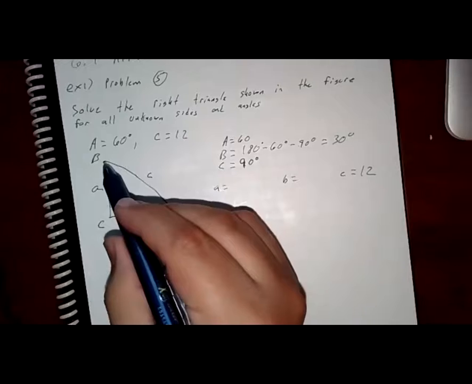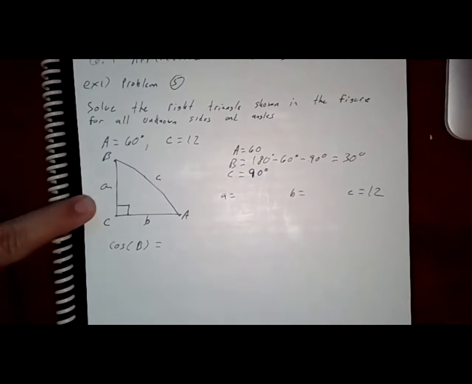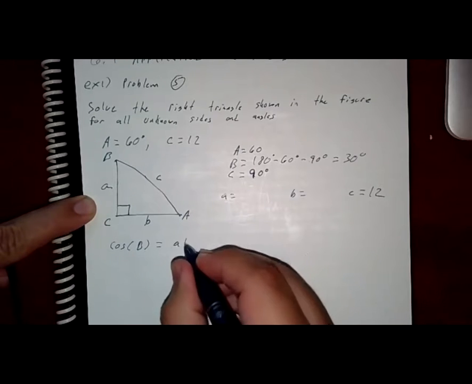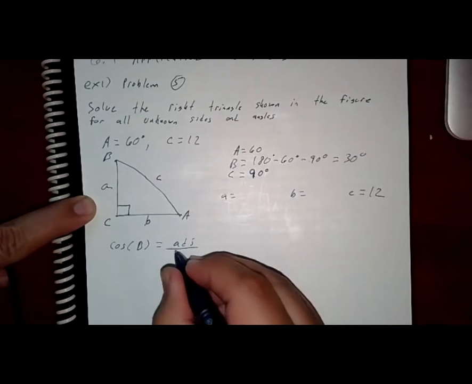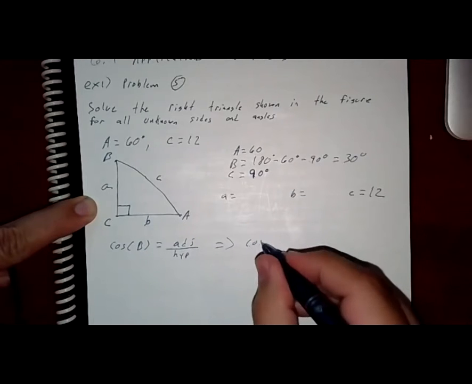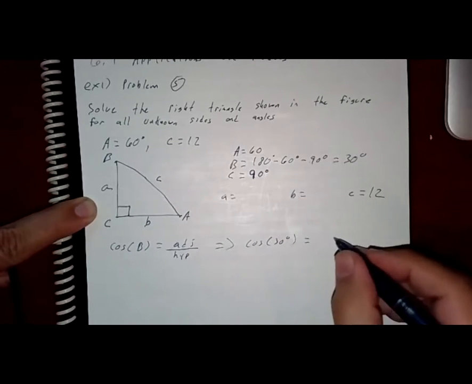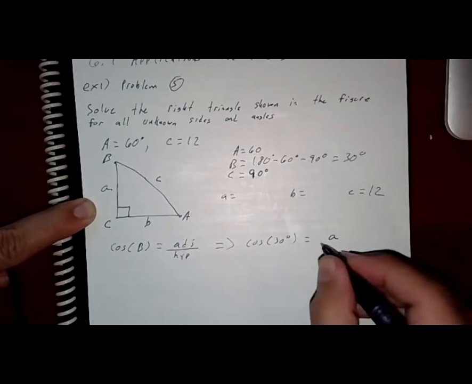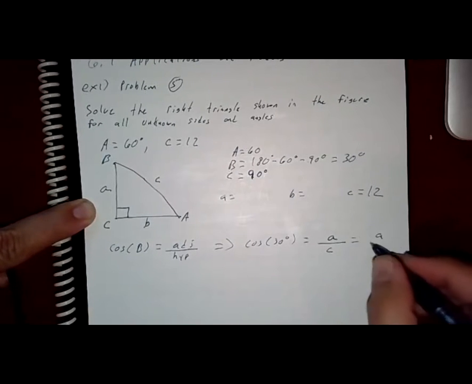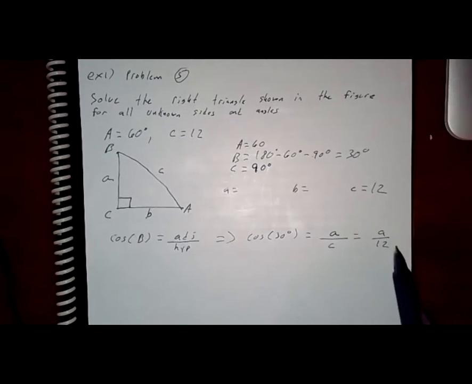So B's up here, right? So adjacent to this particular angle is this A here. So this means that cosine of 30 degrees is equal to A over C, which is A over 12. So we use this equation to solve for A.